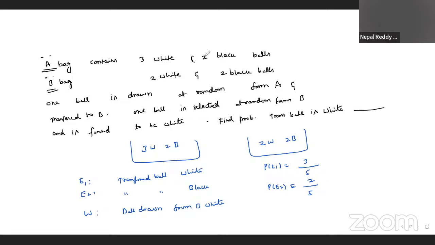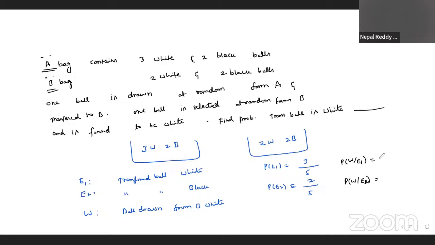Next, I am going to write the probability that the ball drawn from B is white, W. Drawn ball should be white. This is from E1 and this is from E2.